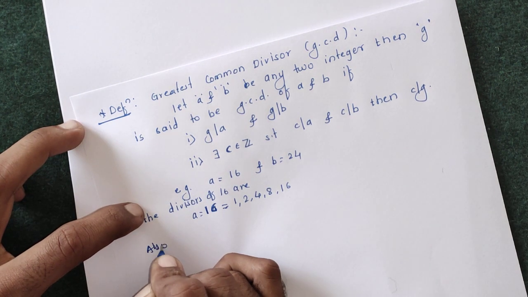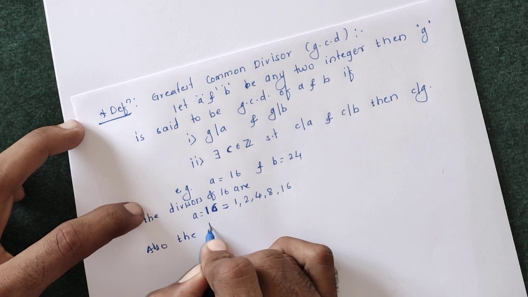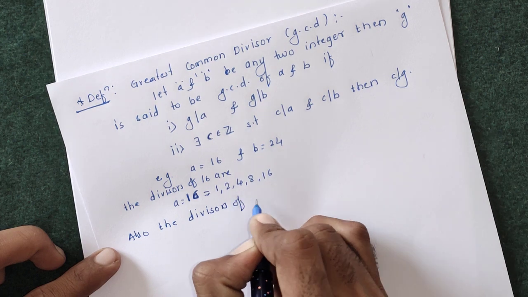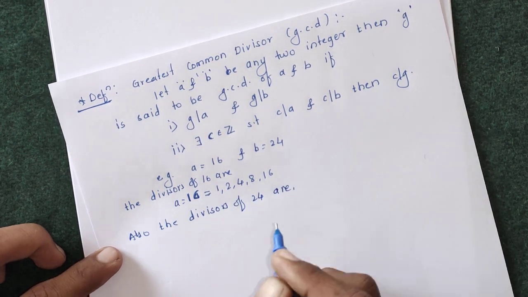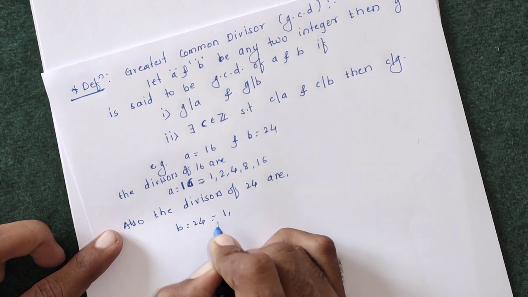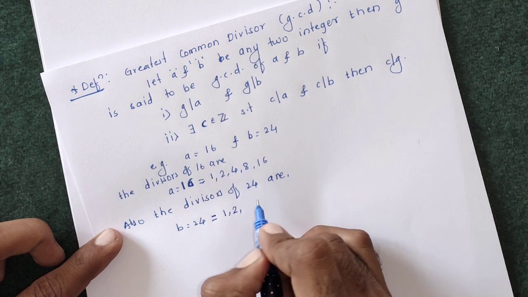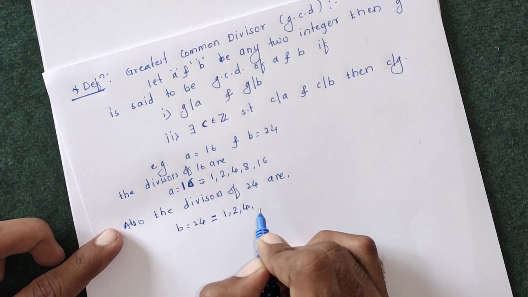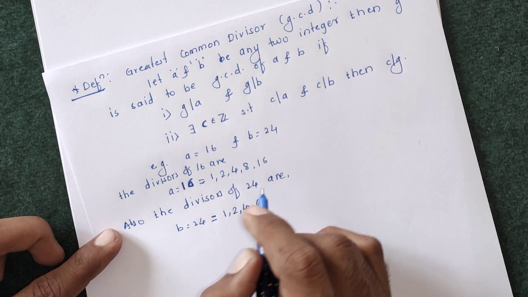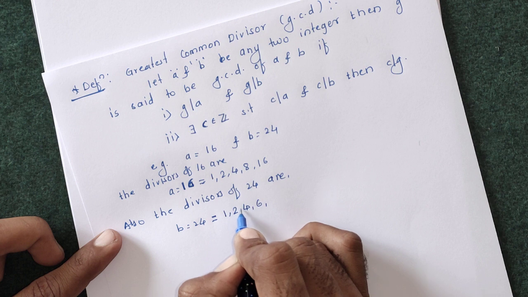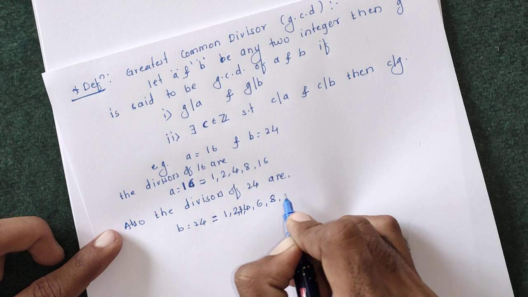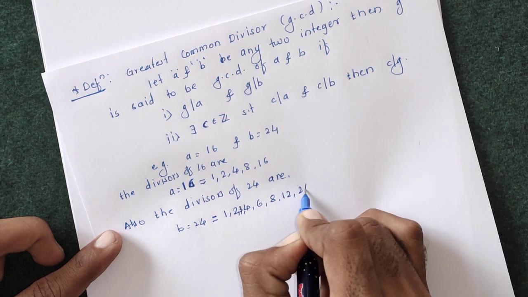Also, the divisors of 24 are: 1 divides 24, 2 divides 24, then 4 sixes are 24, so 4 divides 24, 6 divides 24, 8 threes are 24, so 3 is again a divisor of 24, then 8, then 12 twos are 24, and 24 itself.